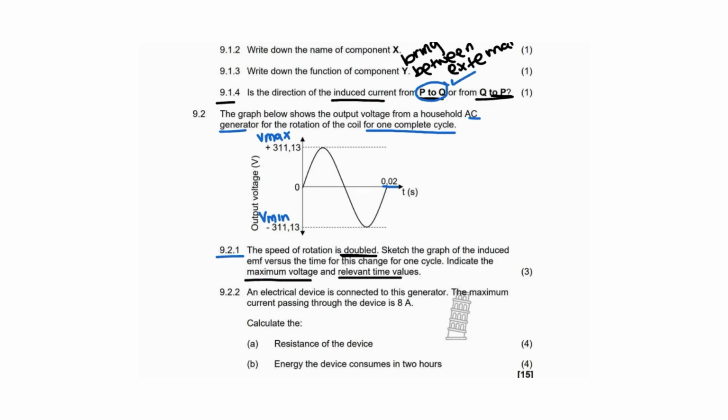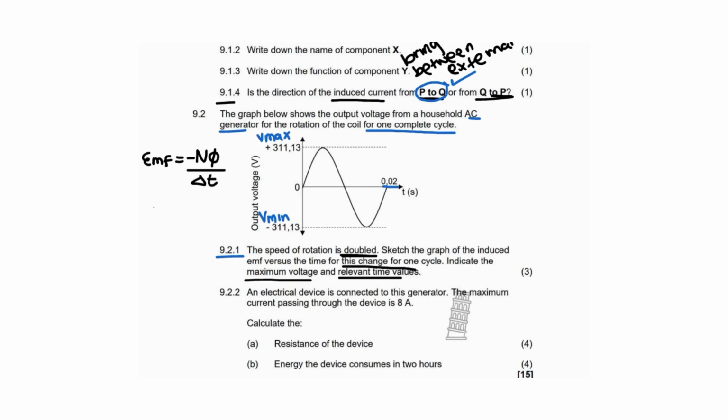So they are being specific. They say of this change for one cycle. So it means on our new graph, we're only drawing a graph for one cycle. Remember guys, I had said with these changes or manipulations, we are going to use Faraday's formula. EMF equals the number of rotations times the magnetic flux divided by the time. So we said the time is inversely proportional to EMF.